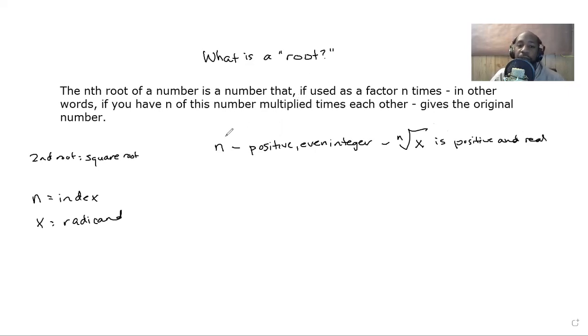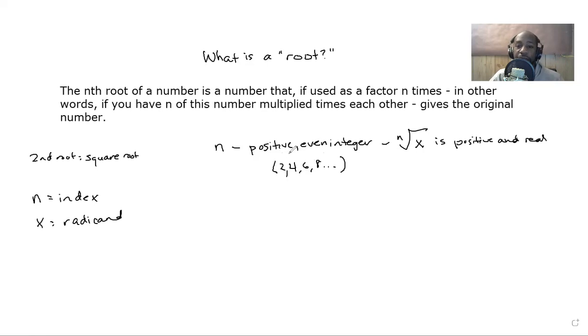So if n, that index, when we're talking about an nth root, is positive, which means greater than 0, and an even integer, then that means if even, that's 2, 4, 6, 8, 10, 12. Integer just means it's kind of like a whole number. So the numbers that we're talking about when we say positive even integer, we're talking about 2, 4, 6, 8, and so on and so forth.